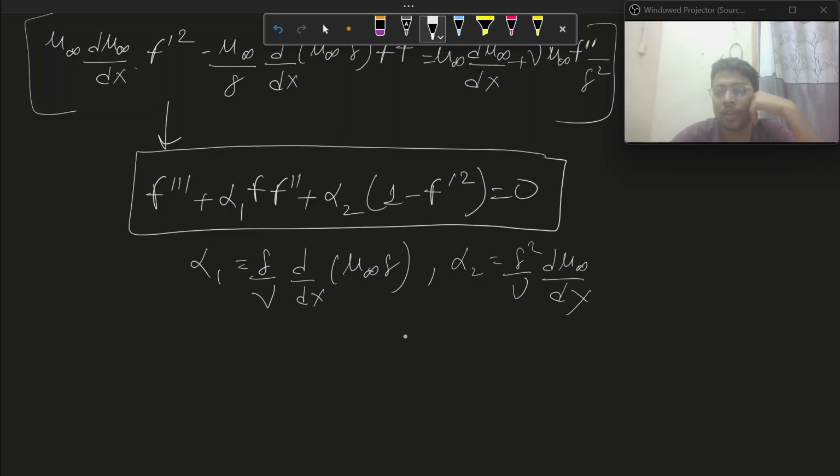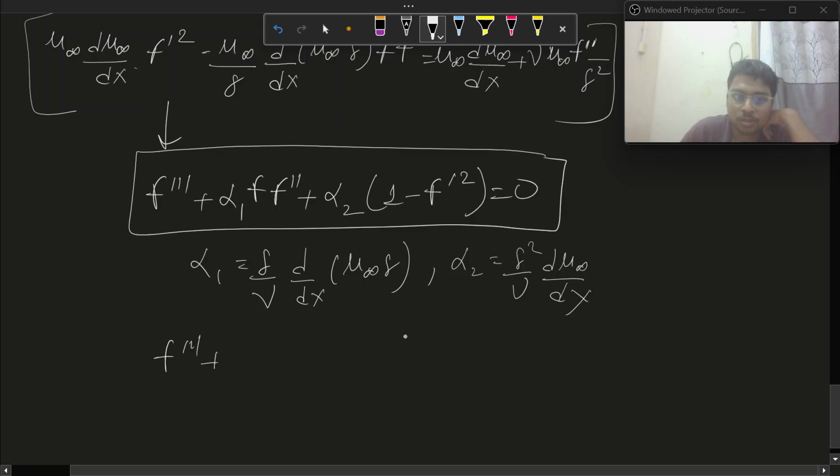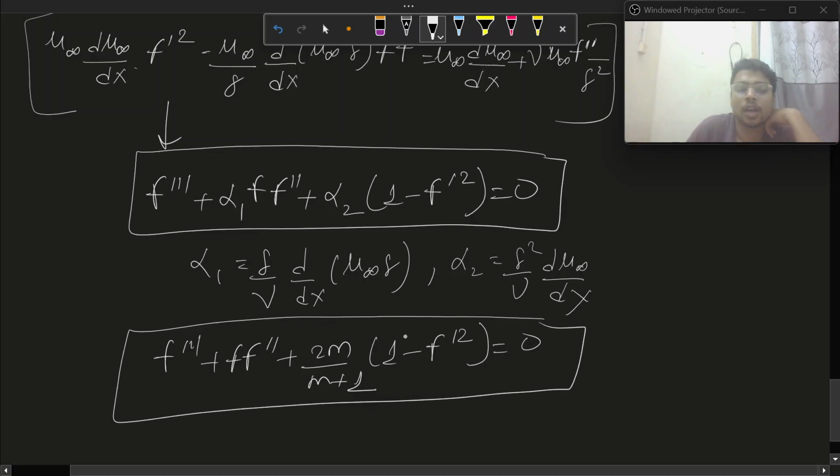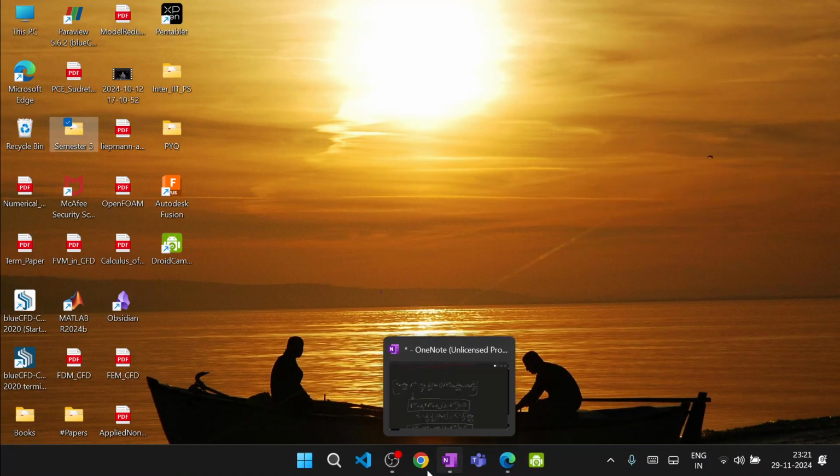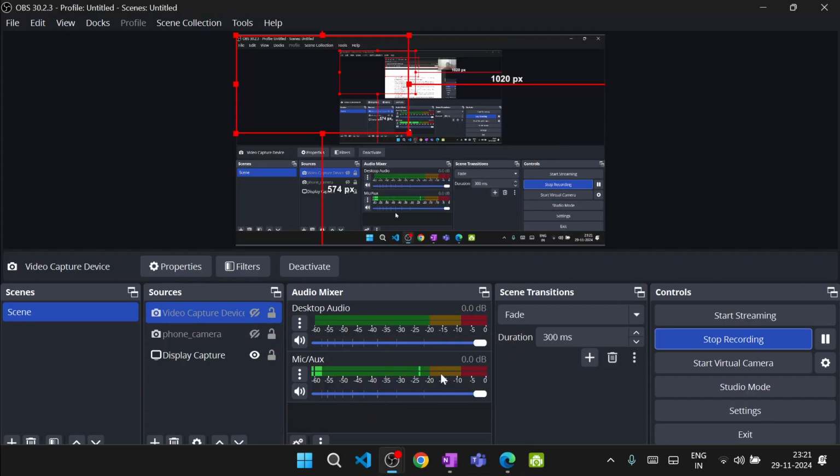So after solving all of this, we get the final solution as f triple dash plus f f double dash plus 2m by (m plus 1) (1 minus f dash square) is equal to 0. And we are able to derive the equation. And now let me close the video.